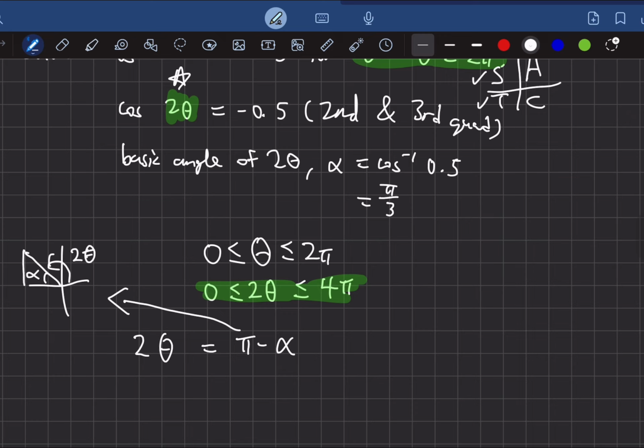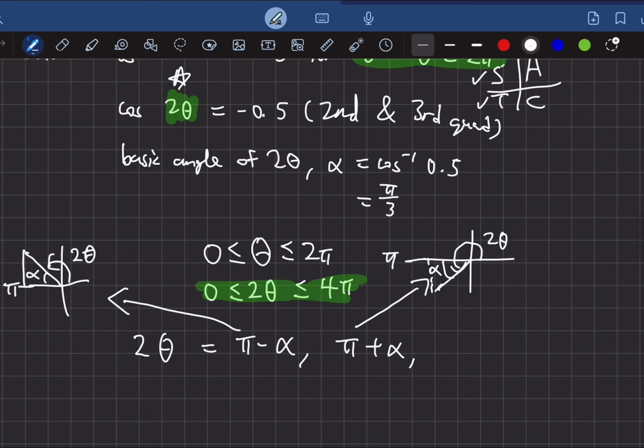So that's why it's pi minus alpha. Then my third quadrant, which is here, this is my 2 theta. Here's my alpha. Here's my right angle triangle. So this one will be pi plus alpha.